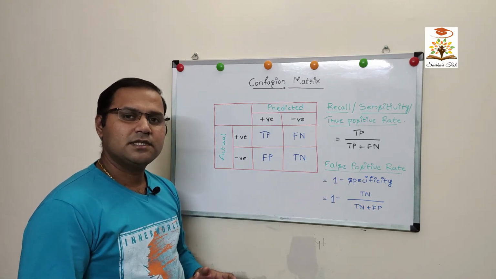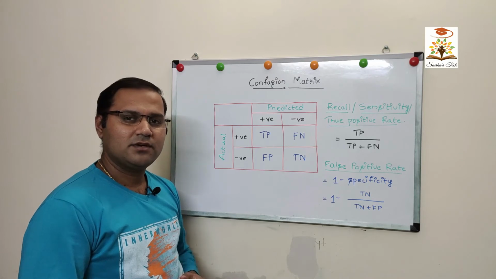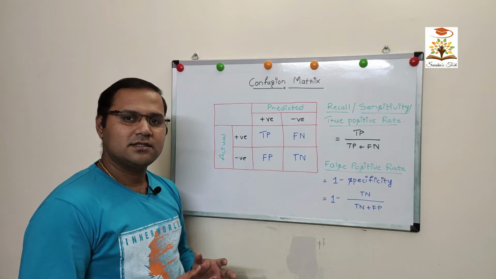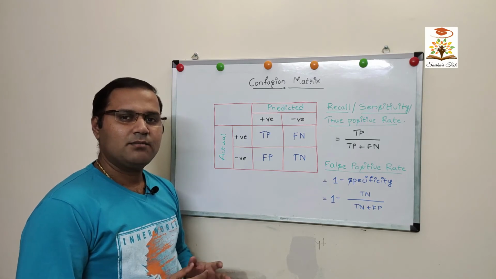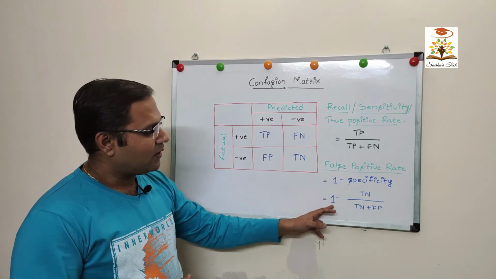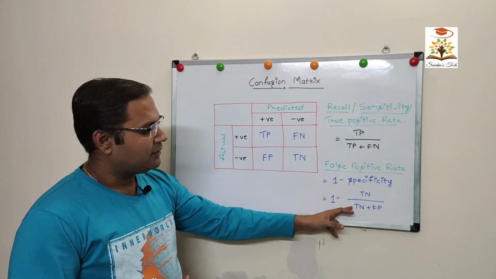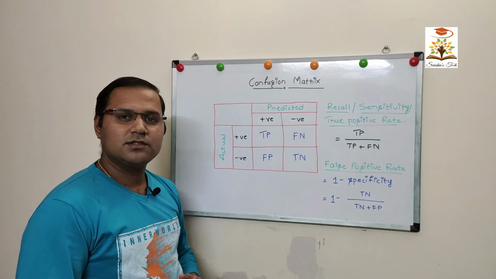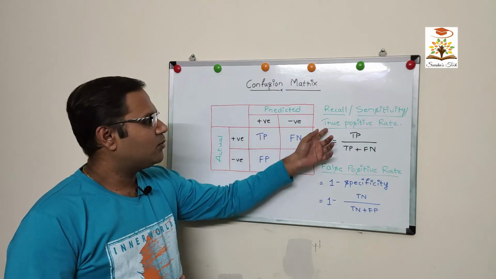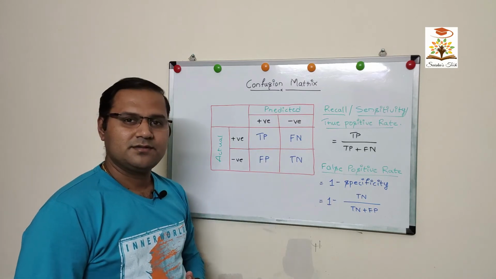Here, specificity provides us the information of actual negatives correctly identified as such. By formula, false positive rate is equal to 1 minus true negative divided by true negative plus false positive. These were some of the concepts of true positive rate and false positive rate.